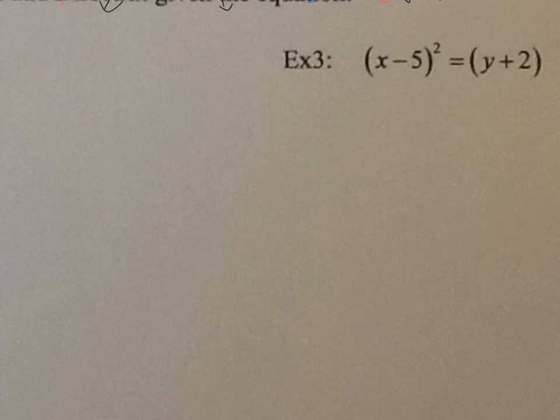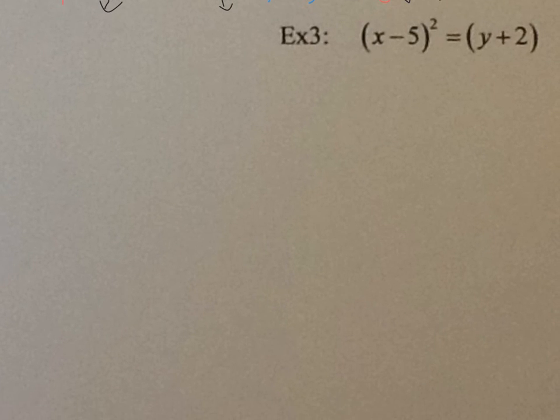Okay, so let's take a look at problem number 3. And let's start with the vertex. The vertex is (5, -2). And now we need to find what my p-value is. Now notice there's no number written in front of the parentheses, so that means that number here is 1.